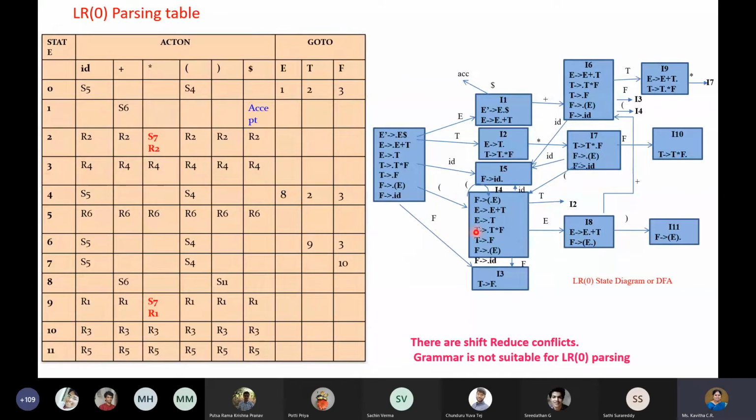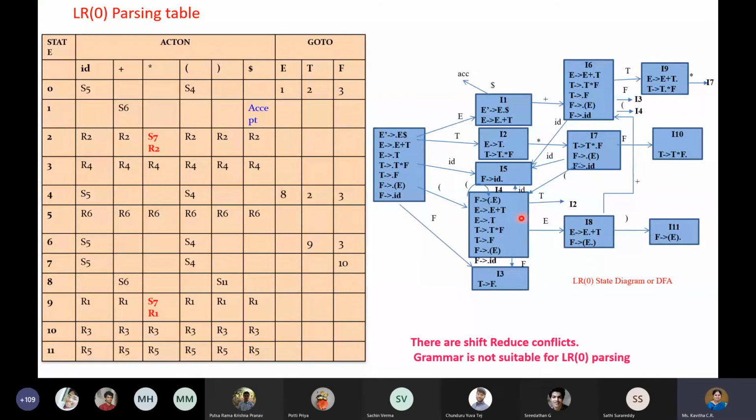Okay, coming to state number 4. State number 4 has many transitions. We have to take care of all. At state number 4, on T, it has to go to state number 2. On F, it has to go back to 3. And on capital E, a new state is constructed, that is state number 8.